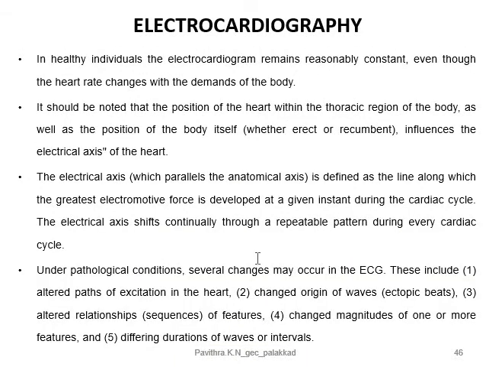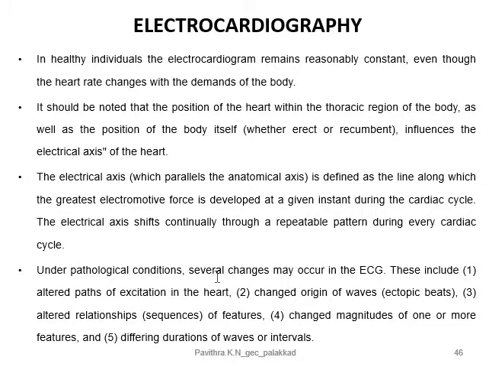Now, there are several pathogenic conditions that may occur due to variations in the ECG. This includes altered paths of excitation of the heart, that is, due to a difference in the electroconduction system, some pathological conditions may occur. Second, changed origin of waves.